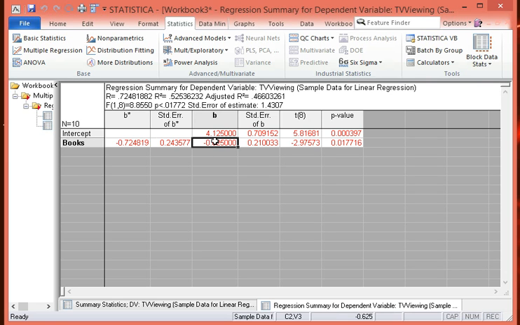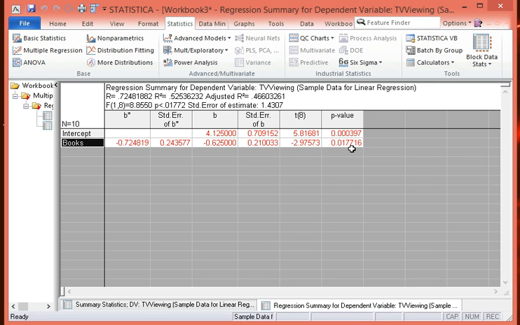Here would be our predictor, the number of books, and its regression coefficient with TV viewing is negative 0.62500. Since it is highlighted, the probability value suggests that the number of books read in a year does significantly predict the hours of TV viewing.